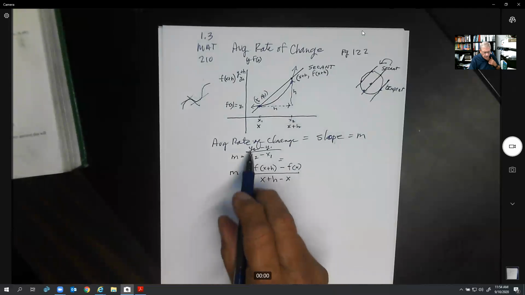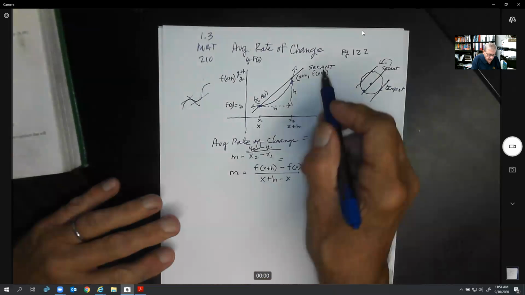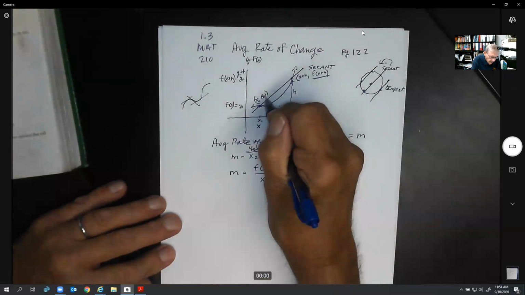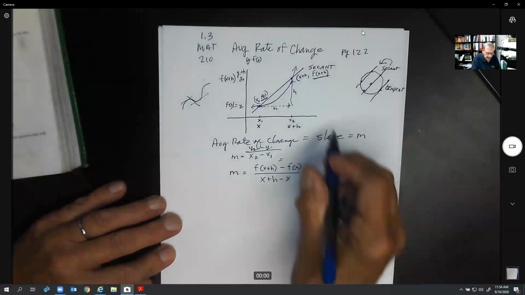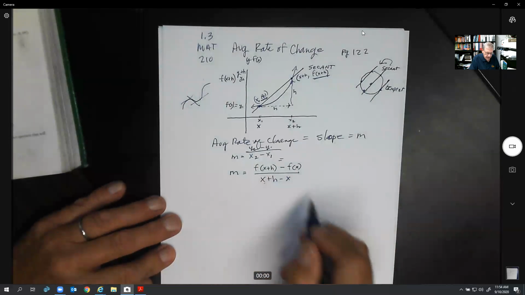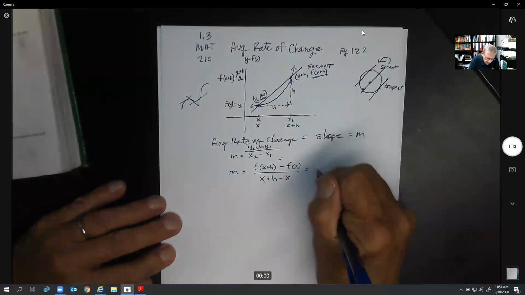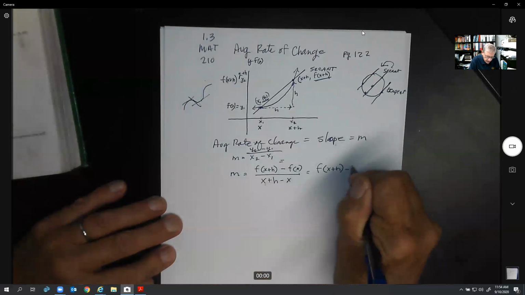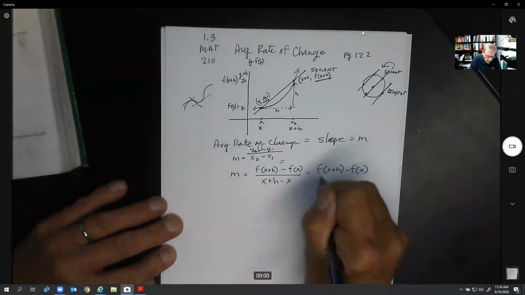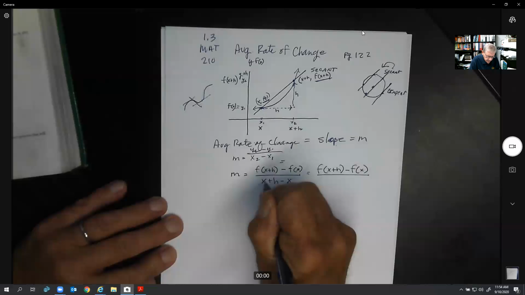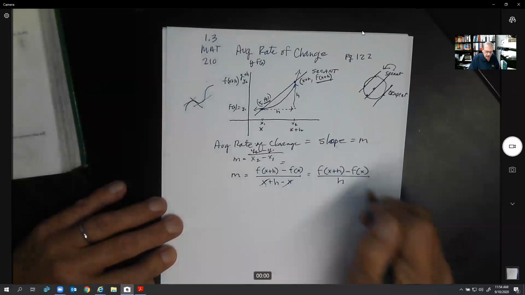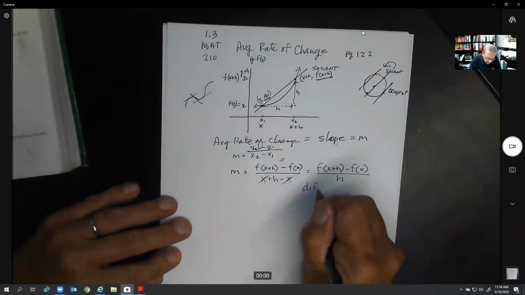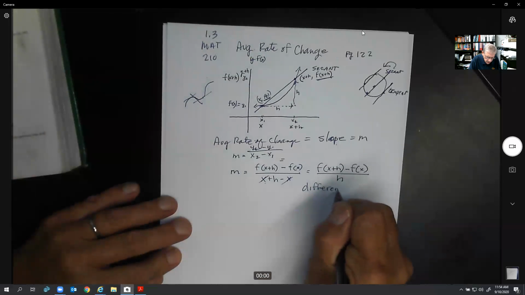So in place of y sub 2 would have been f of x plus h, and y sub 1 would have been f of x. Well, let's simplify this. This would be f of x plus h minus f of x over, these cancel out, h. And this is what we call the difference quotient.